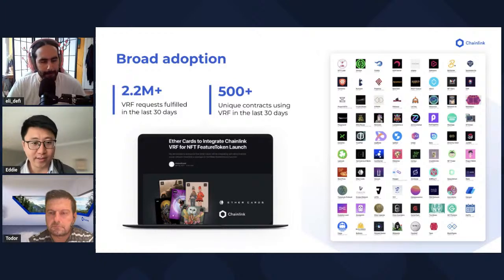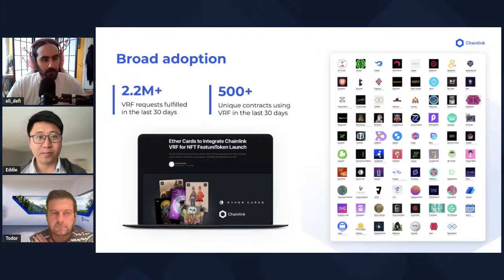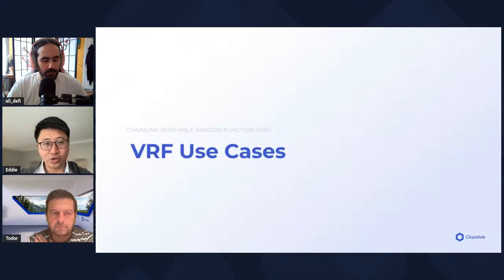Chainlink VRF is known in the industry for its security and its performance, and we have awareness across all chains. A lot of use cases are NFTs, gaming, and also some adoption in raffles and other iGaming cases. With that, I will pass my mic to Todor, so he can introduce you to more use cases. All right, let me stop my sharing.